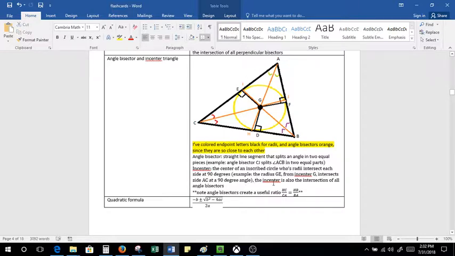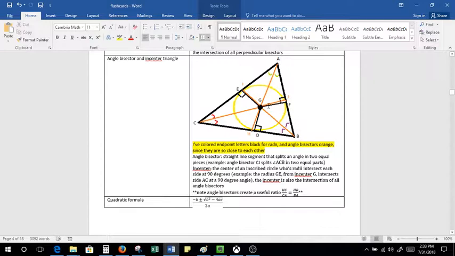The incenter is also the intersection of all angle bisectors. We talked about that earlier. And then note that all angle bisectors create a useful ratio. So HC over CA, so this length here divided by this length here, is the same as HB divided by BA.